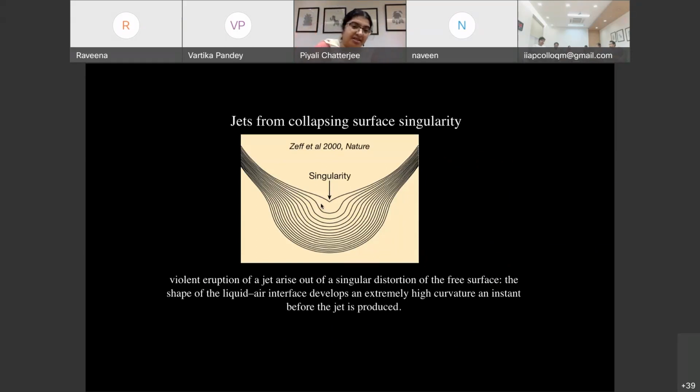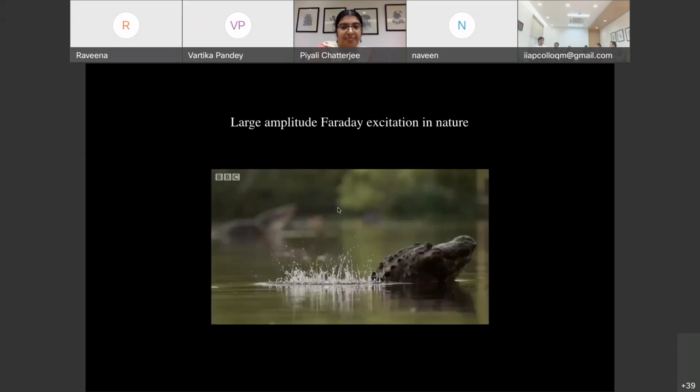Sometimes the surface develops a kind of cusp or singularity. When that develops, violent jets can be ejected from that surface. So this is one of the mechanisms by which you can have jets produced using fluid that has been excited using this Faraday excitation.